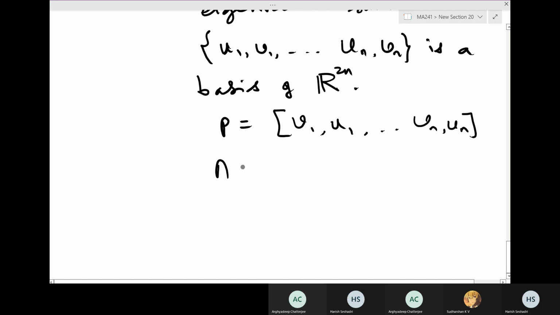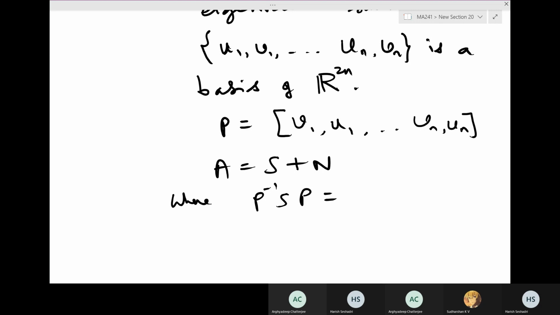A equals S plus N, where S is P inverse S P. Now the difference starts popping up here, because we can no longer expect it to be diagonal, obviously, because P is real, S is real, while the eigenvalues are complex.